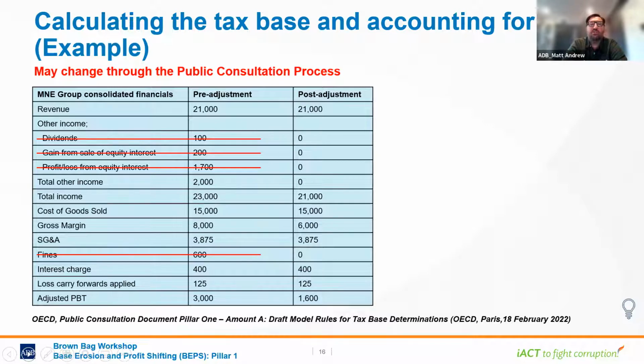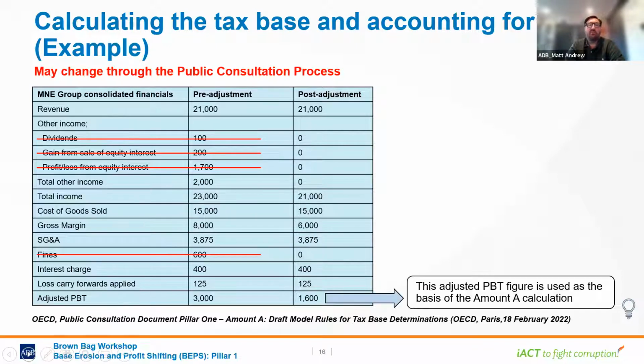And so you get to an adjusted figure, and this will be your adjusted profit before tax. And so, as I've mentioned here, multinationals will need to consider these adjustments to revenue and also to fines and policy disallowed expenses as well. On to the next slide, please.